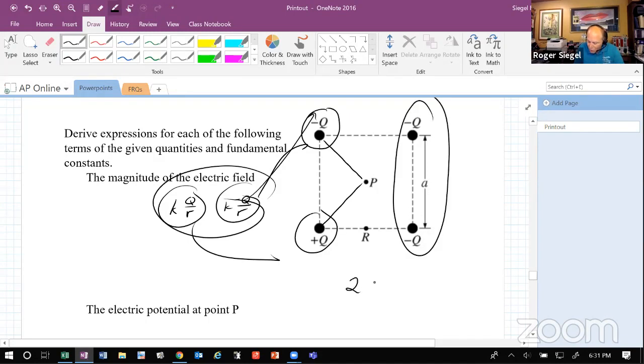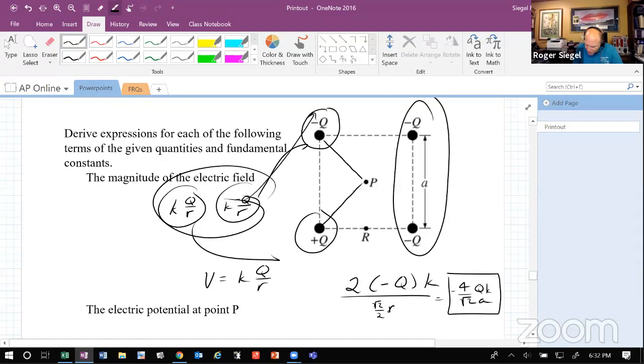So I have 2 negative, and remember, V, the potential, is kQ over R. So that means we have 2 times negative Q, forgot the k, over R. And the distance, again, is the square root of 2 over 2 times A. And so I've got 2 of those, and that's going to be 4 over the square root of 2 times negative Q k, and there's an A downstairs as well.